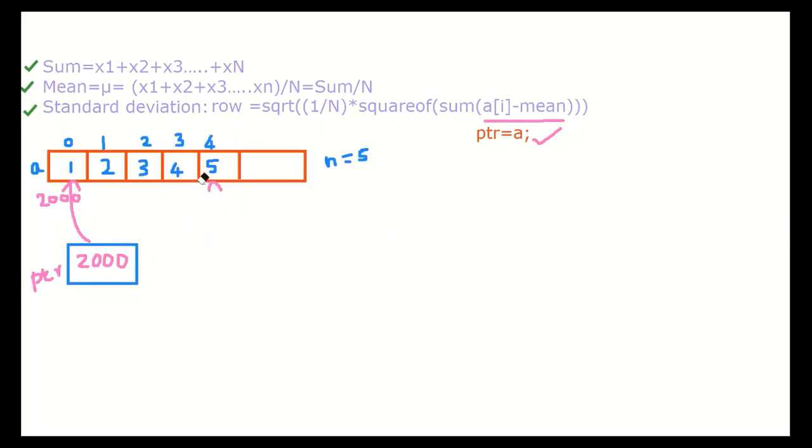And the pointer will get set back to which location? 2000 again. Again you start from the beginning. Use the for loop to iterate over the number of array elements and take the value at ptr's location minus mean. Take the sum of it. That is what we are trying to do.